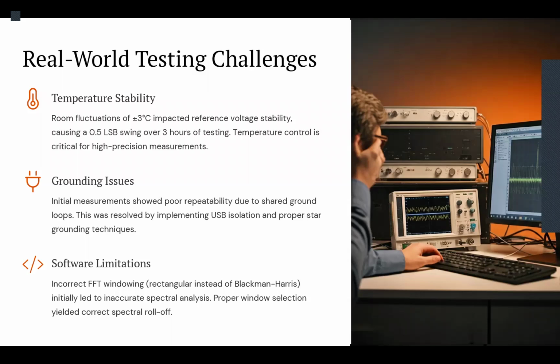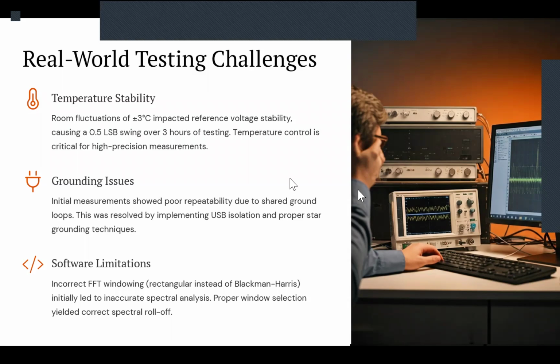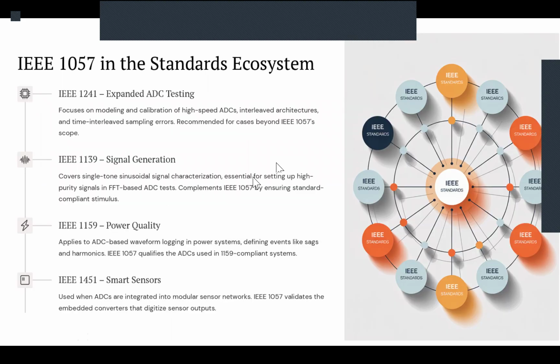Clock jitter or unshielded cables could introduce artifacts. So we have to make sure that we are aware of these challenges and try to mitigate or reduce the effect that they could have on our output result.